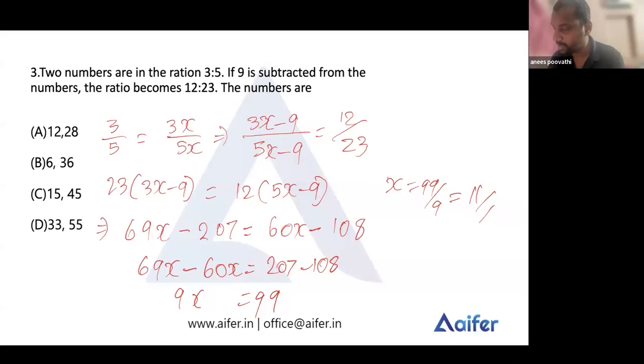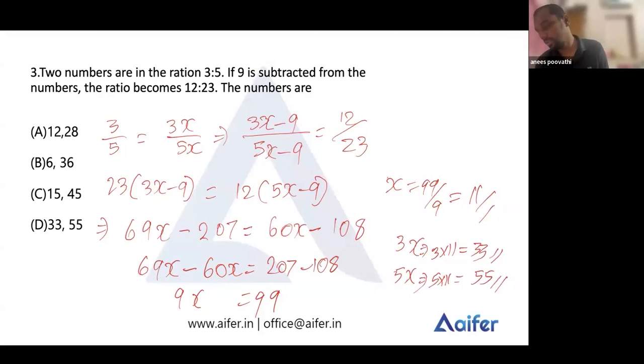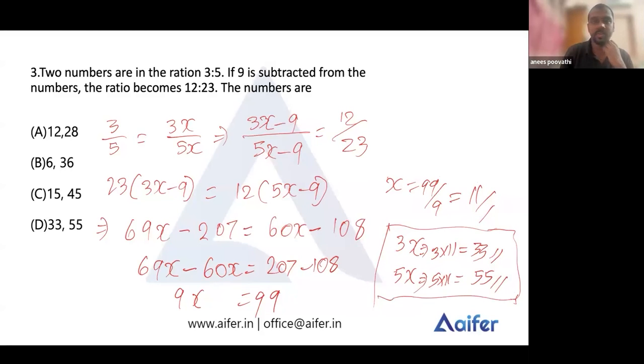So we have the numbers as 3x and 5x. So 3 into 11 is 33, and 5 into 11 is 55. That will be the correct answer.